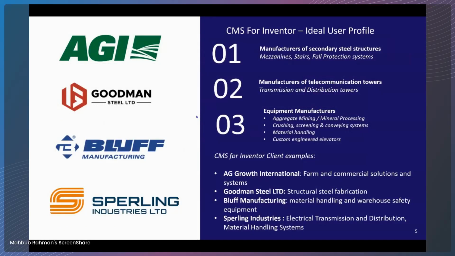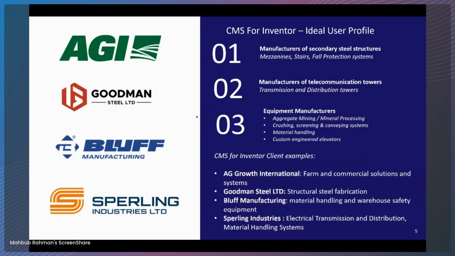Just a quick understanding of what kind of users are using our software so far. We are not a primary steel structure solution, I know that's very obvious. Most people will be doing that in Tekla or SDS2.